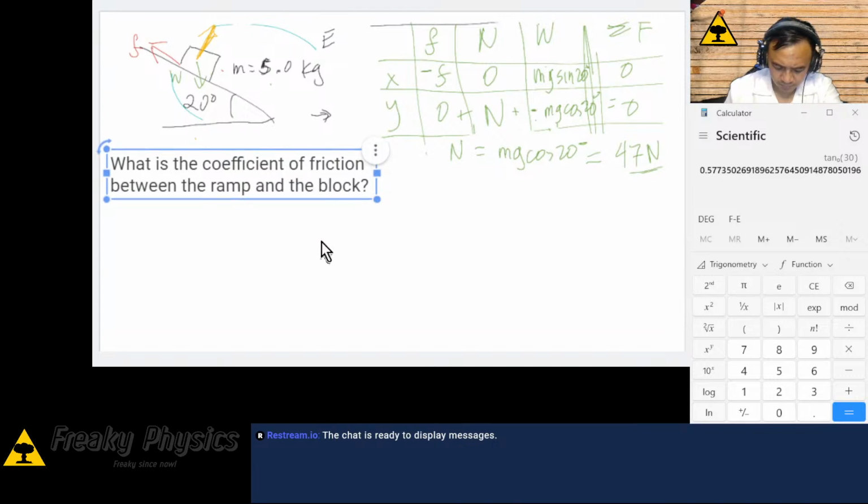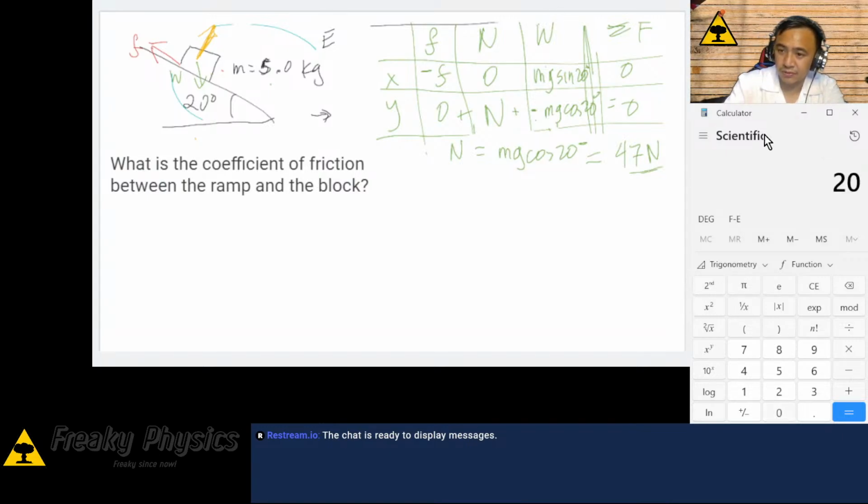I got 0.364. I'm going to just do a shortcut and just say that that's tangent of 20 degrees. So 20 degrees, find the tangent of that. Yep, correct, 0.364. I'll just show you real quick and again how this is done.